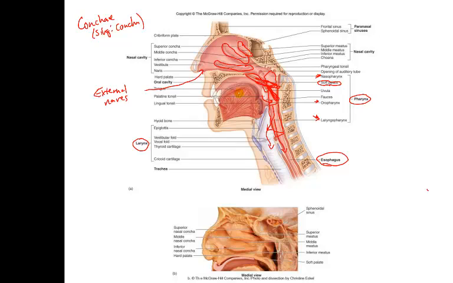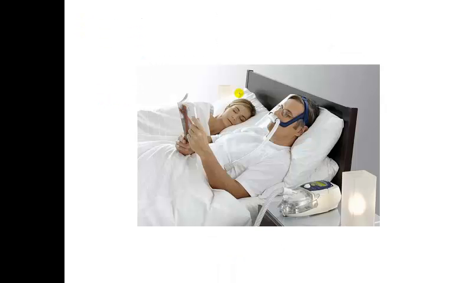And then probably many of you have heard of the treatment for sleep apnea. It's called CPAP, which stands for continuous positive air pressure. Basically, you put this tube in your nose. Some people, I think, have to use a mask for their nose and mouth, but these days I think most people just get a nose plug like that.